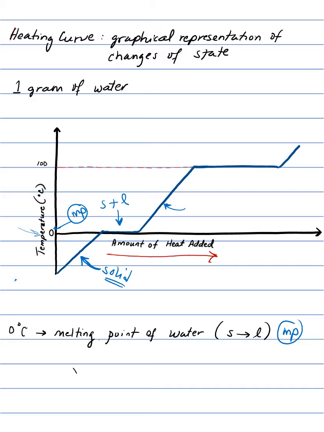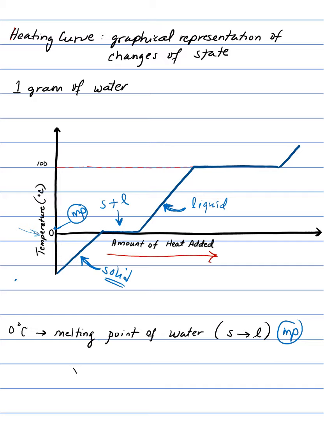Now, when all of the attractions between your solid particles in your water are broken, now you keep adding heat and the temperature starts increasing again. That's why I have what I have represented in that line. In that line, all of your solid was melted and now you do have a liquid.